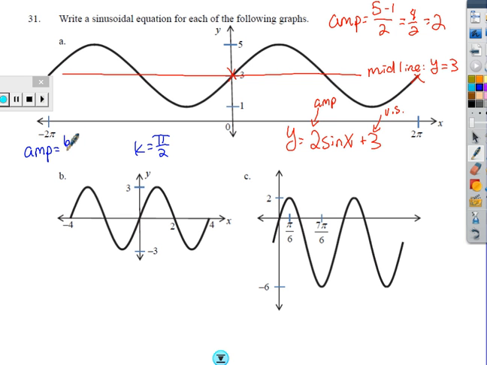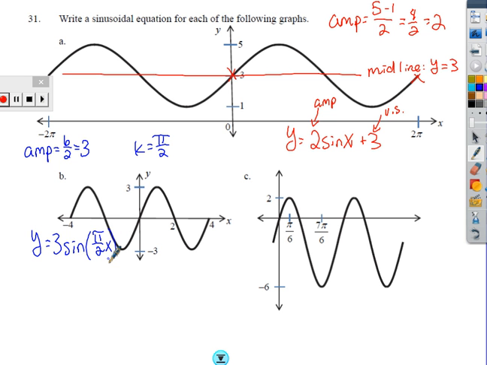So my amplitude is 6 divided by 2, which is 3. So I've got my amplitude, I've got my period. I can tell that there is no vertical shift since I started right at 0. So I'm ready to write my function. My function in this case would be y equals 3 sine. And remember, I've got to include k, so it'd be pi over 2 x.